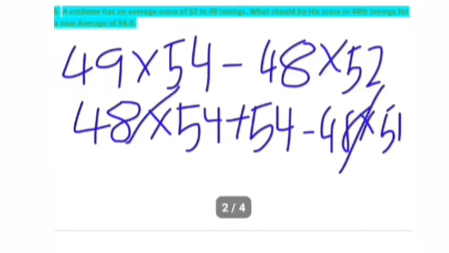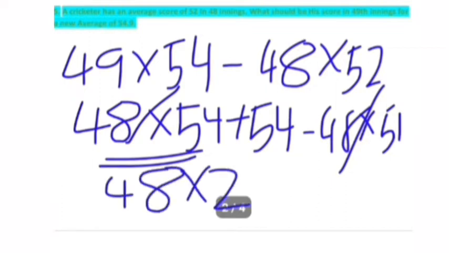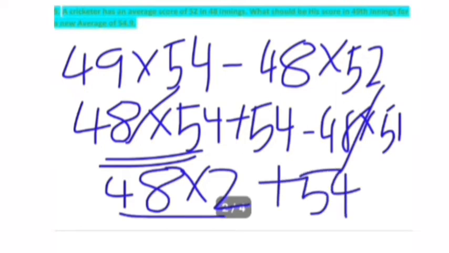Let's see. 48 into 54 and 48 into 52 cancel, and we still have 2 remaining. So write like this: 48 twos is remaining, 48 twos plus 54. 48 twos is going to be 96, plus 54, which is exactly 150. So what should be his score in the 49th innings? The batsman has to score 150.